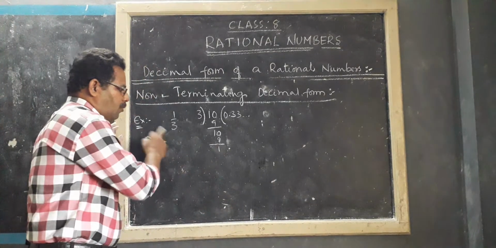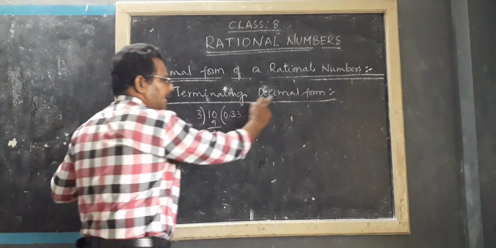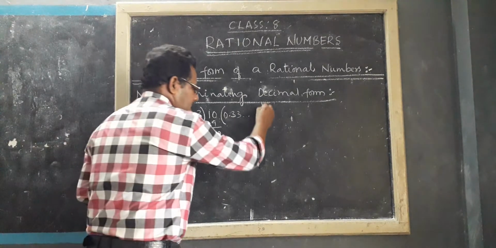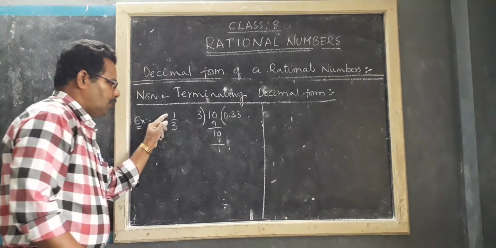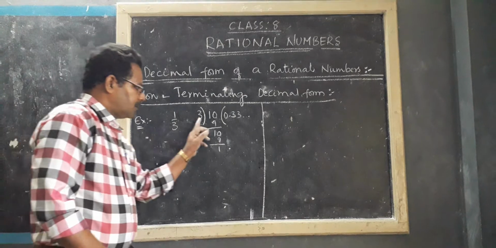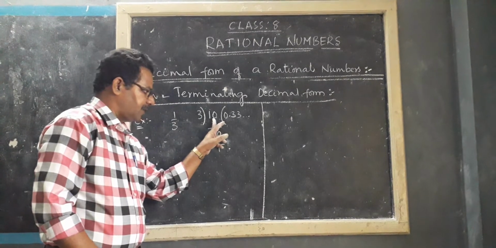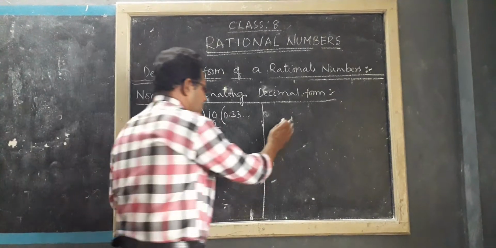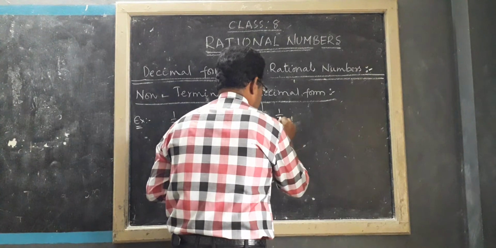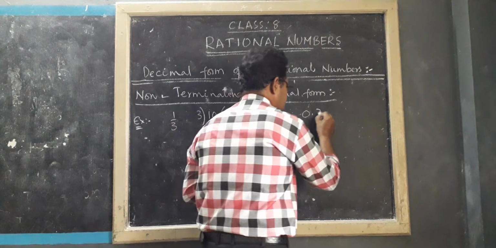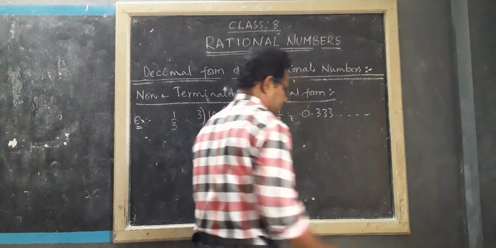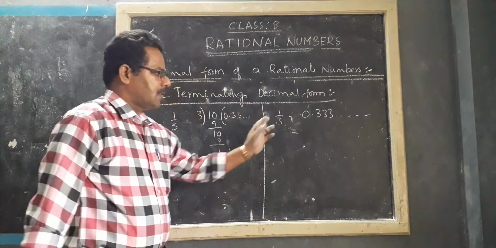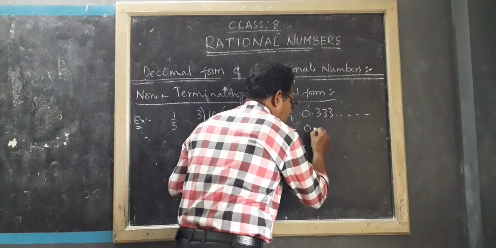Now we take this example of non-terminating decimal form. What rules do we have to follow? In non-terminating decimal form, we took the example 1 by 3. 1 divided by 3 gives 0.3333 and so on. So 1 by 3 can be written as 0.3333 and so on. Here only one number is repeating. That's why there is no need to write all the digits.